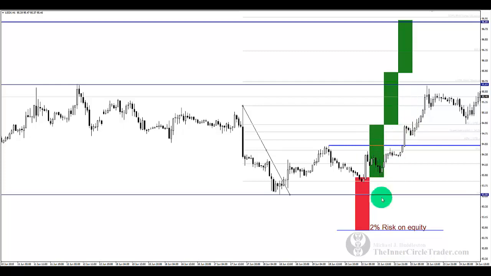Then what we do is look to reduce this stop as price starts to move away. You would reduce the stop to 80 pips risk, and as price starts to move out and takes this high out right there, you would remove some more of your risk, taking it down to 50 pips. As price starts to run up and takes this high out, you want to take out all of the risk.